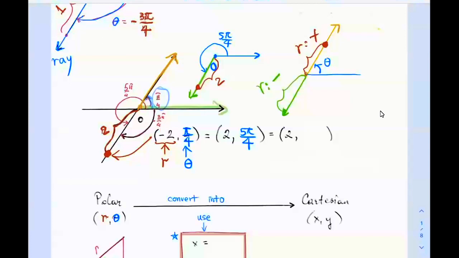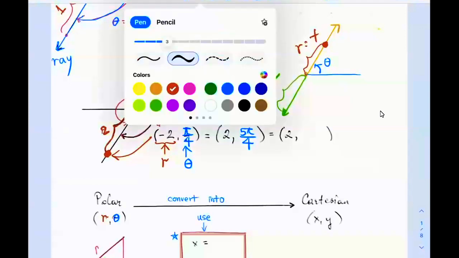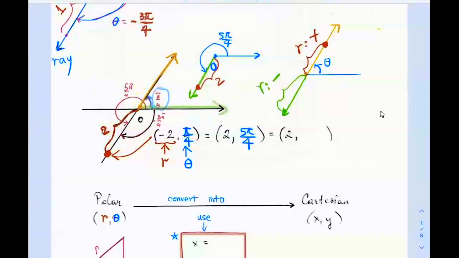When it's clockwise, the angle is negative. When theta equals negative 3 pi over 4, the ray also points this way, and it's positive 2, so you go along the direction of the ray and measure 2.